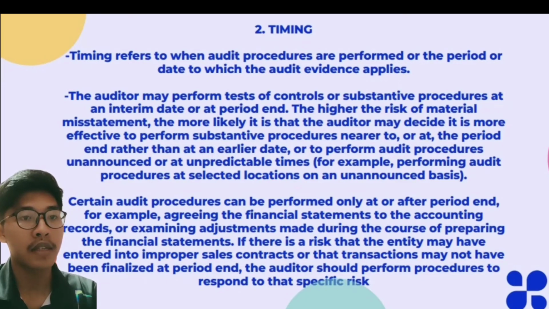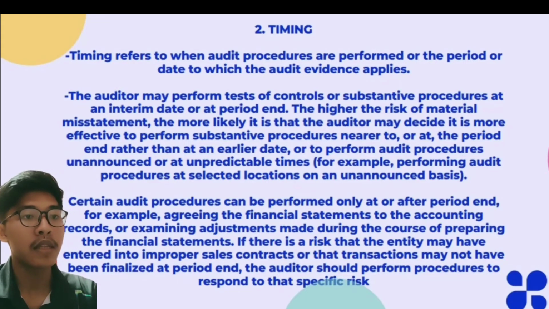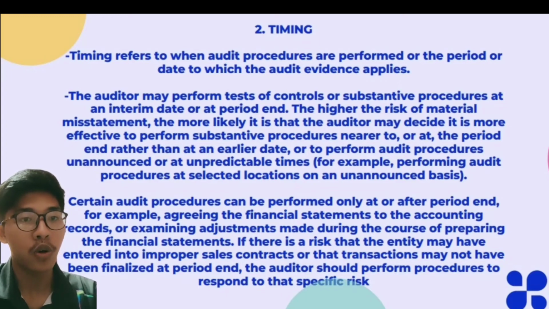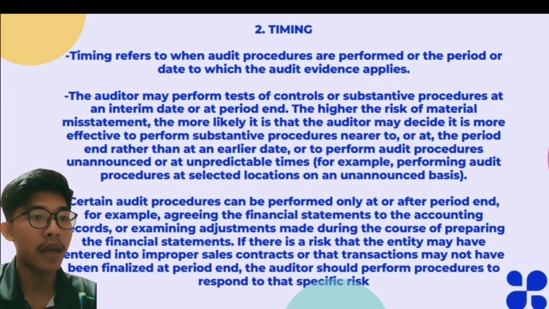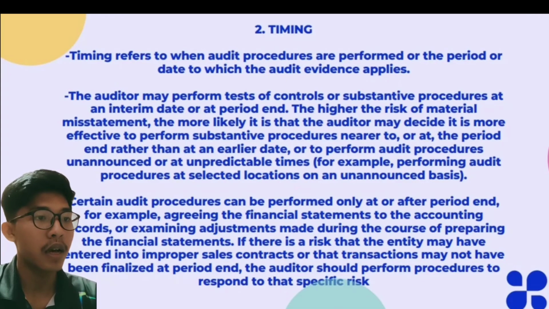The higher the risk of material misstatement, the more likely it is that the auditor may decide it is more effective to perform substantive procedures nearer to or at the period end rather than at an earlier date, or to perform audit procedures unannounced or at unpredictable times.